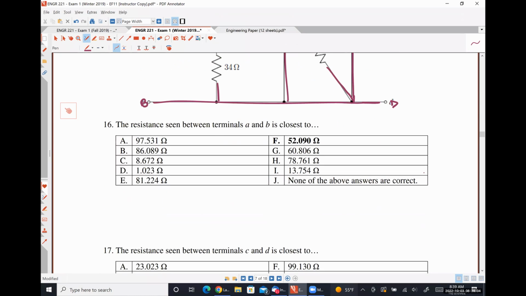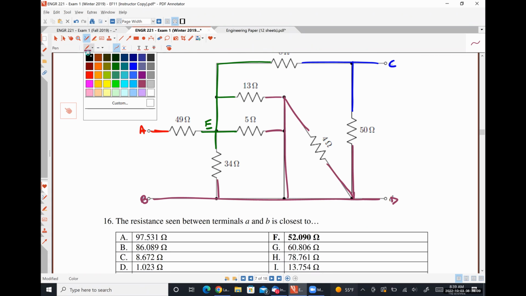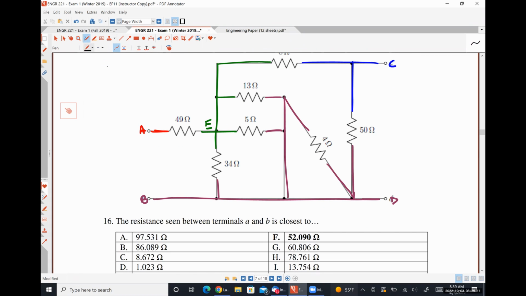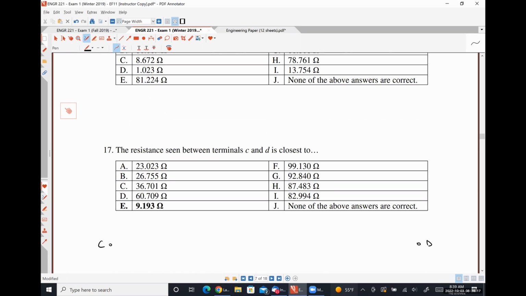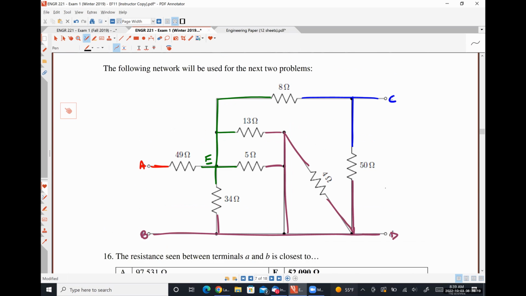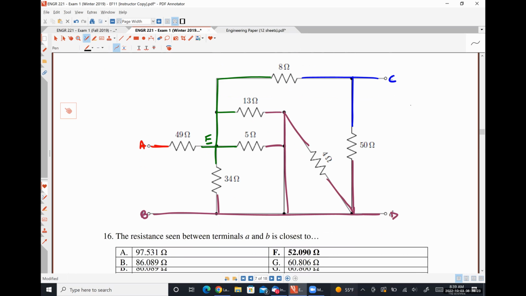So if we're trying to find the resistance between C and D, I'm going to put C over here and D over here. And between C and D directly, I have the 50 ohm resistor.